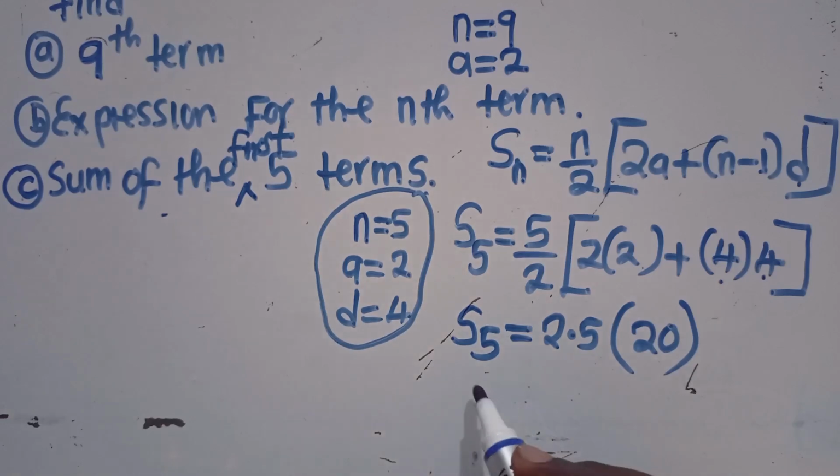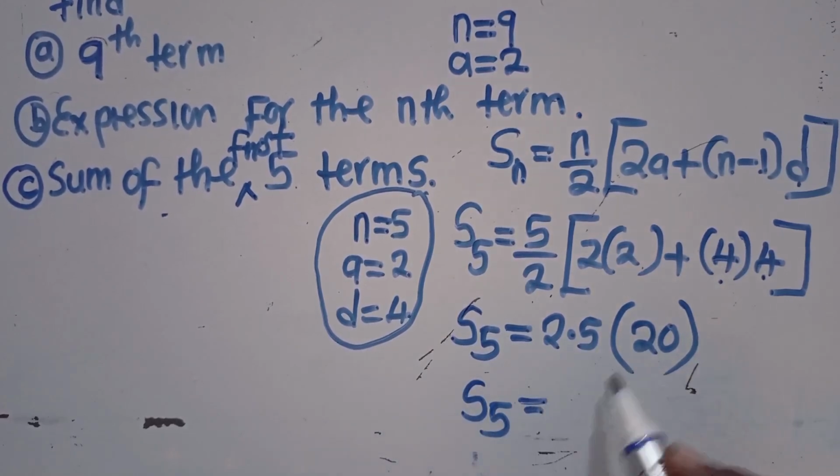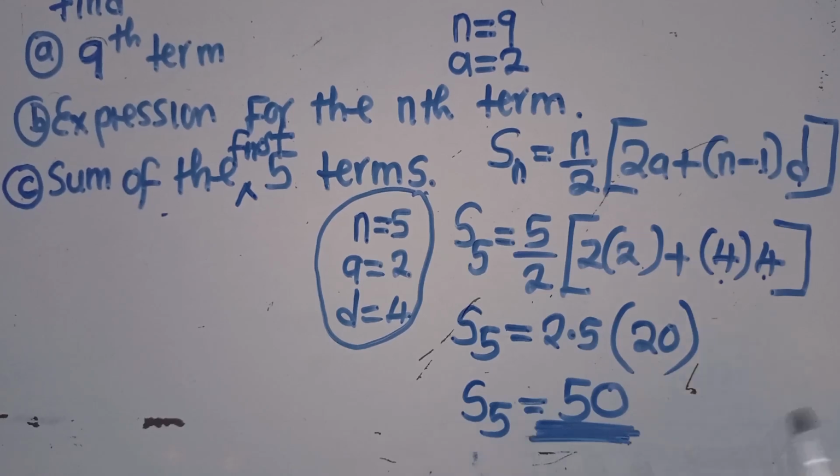What answer are you going to get? So we are going to say this is equal to 2.5 times 20. Definitely, it is 50. So meaning that this is our answer. This is the sum of the first 5 terms. These are the procedures that you are supposed to do.